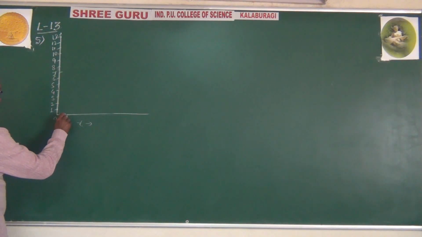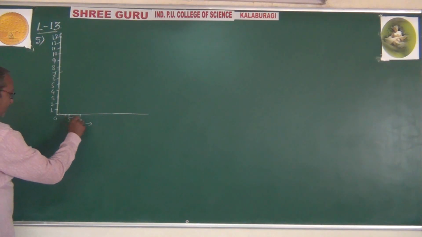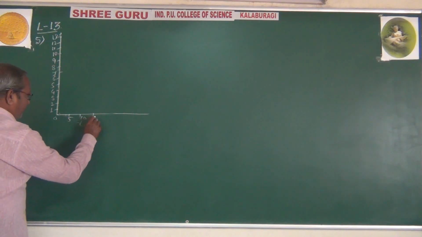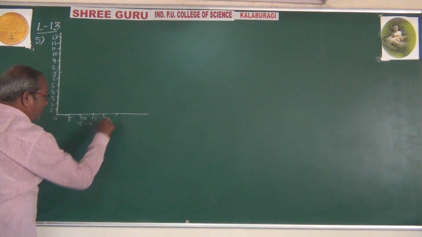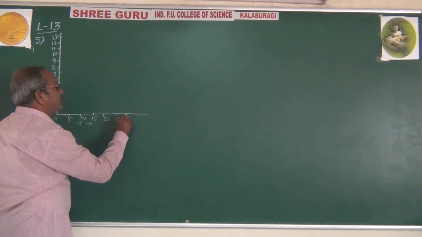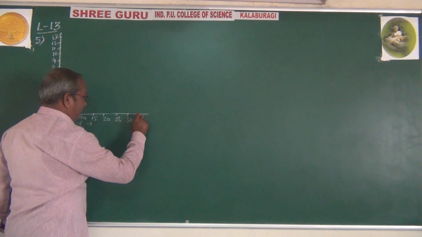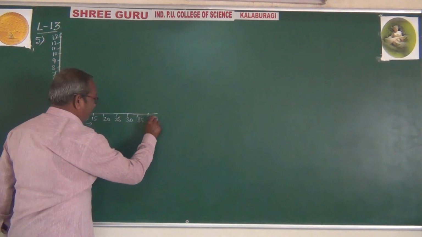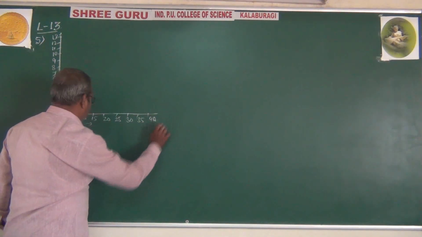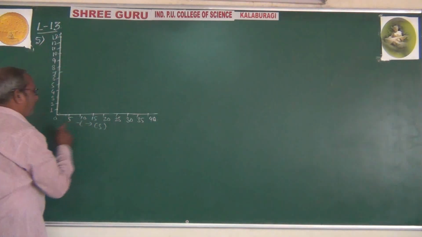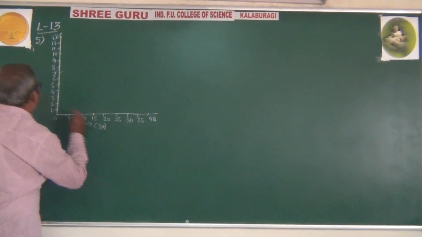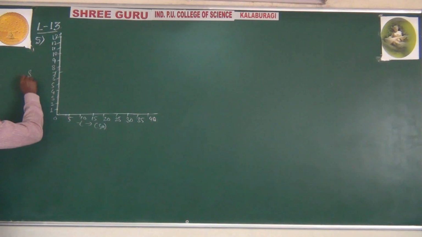Here, for example, I will go for 5 seconds, 10 seconds, 15 seconds, 20 seconds, 25 seconds, 30 seconds, 35 seconds, then 40 seconds. This is the time in seconds, and this is the position.